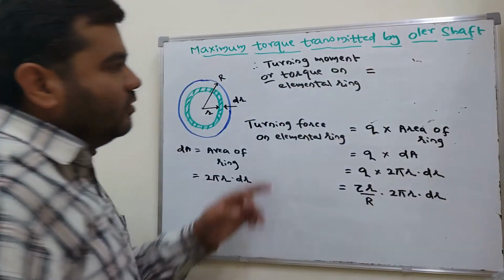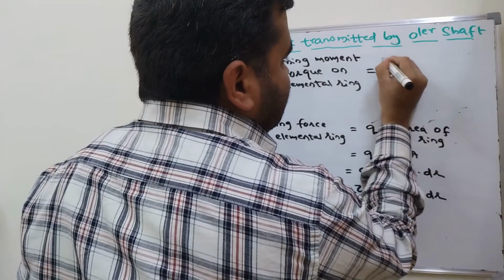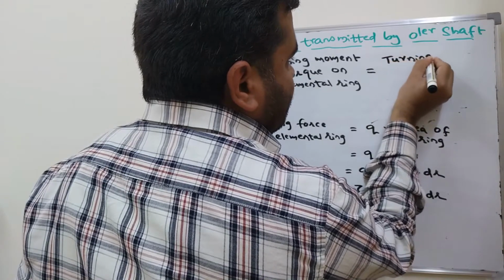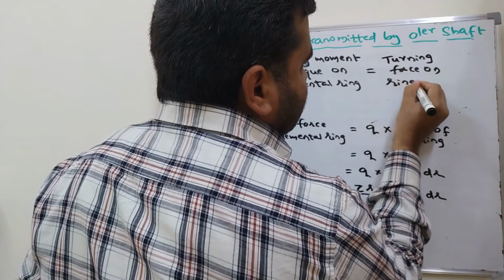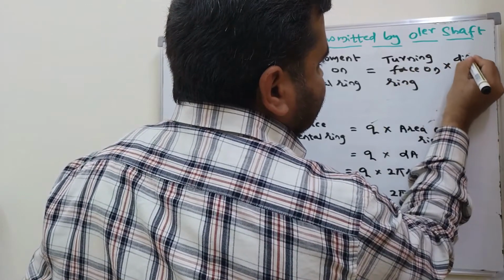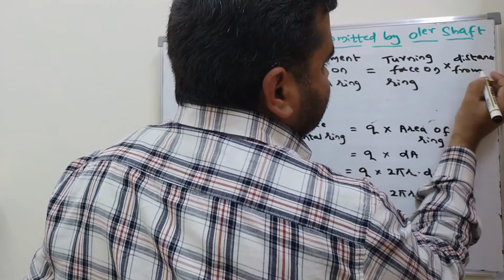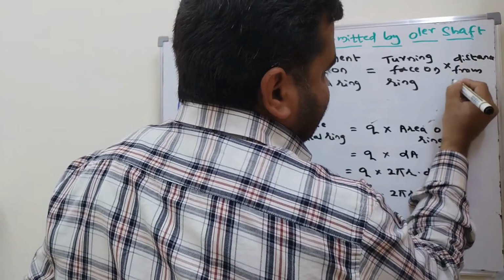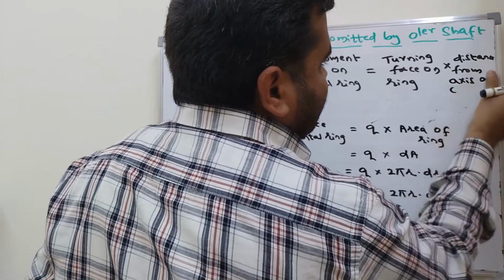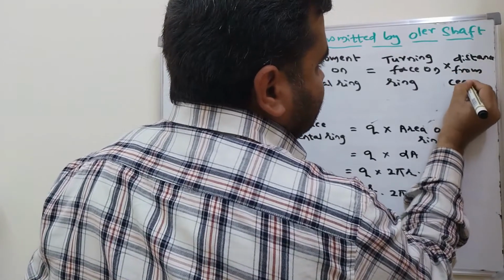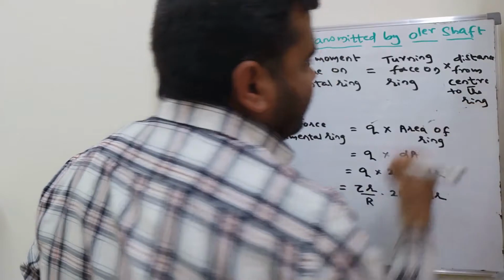What can I write here? Turning moment is turning force on the ring into distance from the axis center to the ring, right?